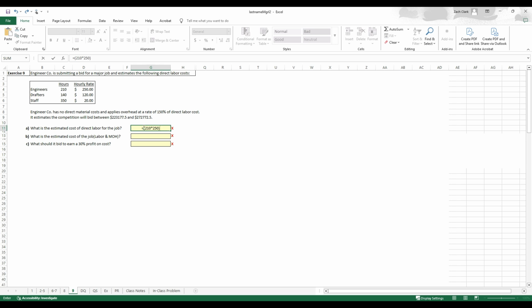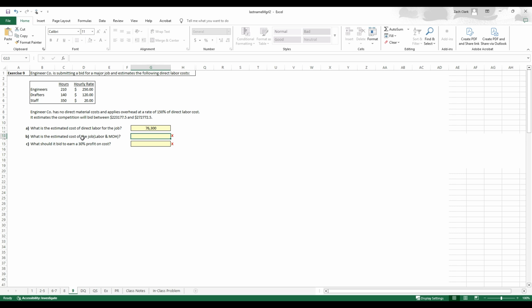Because we've got 210 hours at 250 per hour. And same thing for the next employee class. And plus the last one of 350 times 20. So adding all that together, like I said, equals 76,300. So you can see the formula of how I got there. I did it off to the side on my spreadsheet as well.